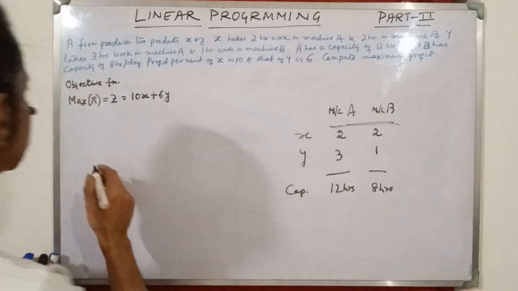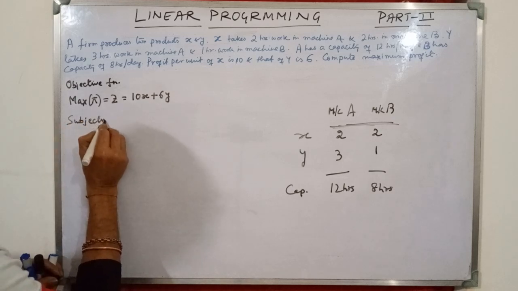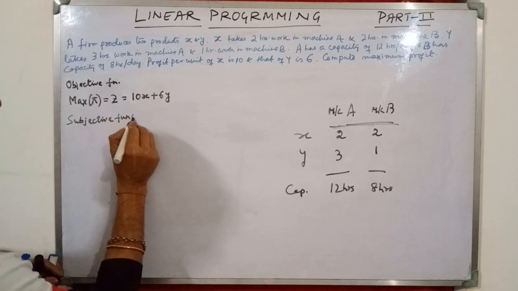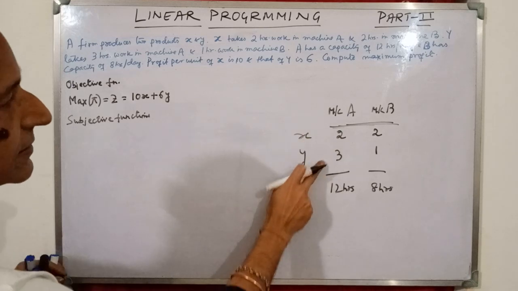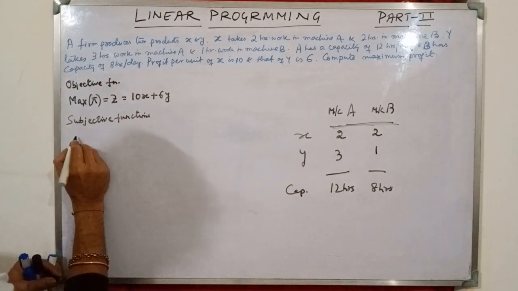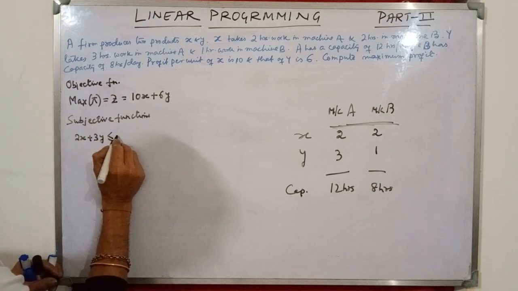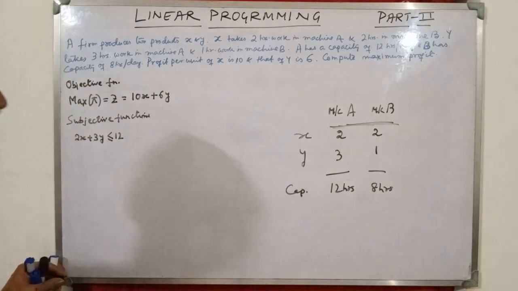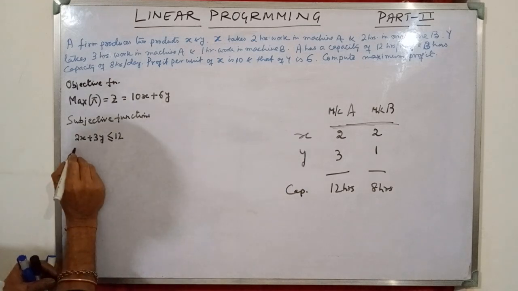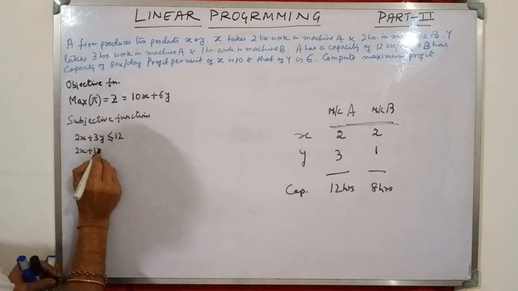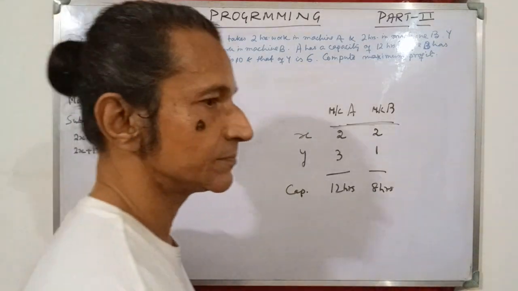So what will be the constraints or the linear constraints? 2x plus 3y is less than or equal to 12, and 2x plus 1y is less than or equal to 8. Okay?